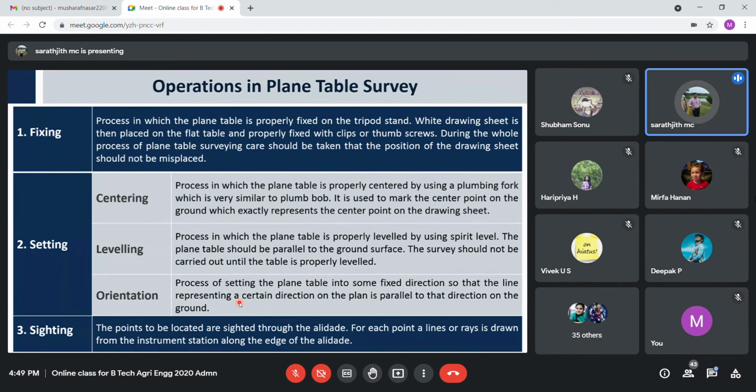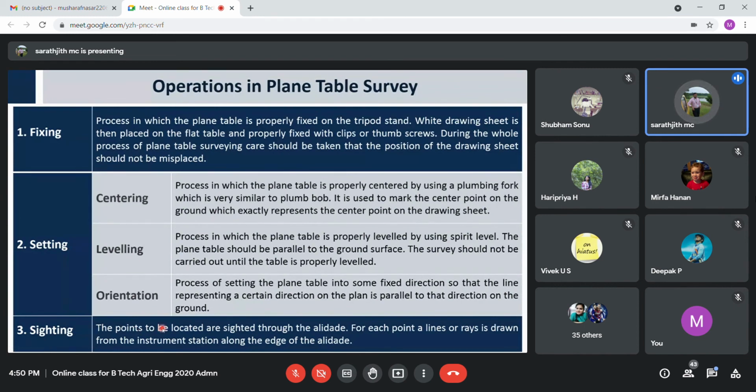So for that you are properly orienting your table to those points. So that is the process called the orientation. The other operation is sighting.